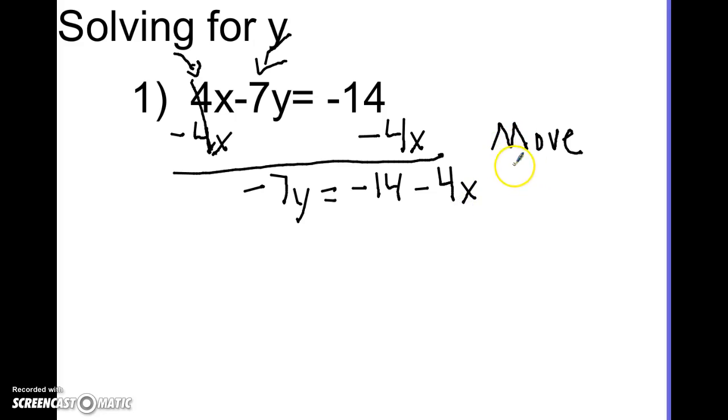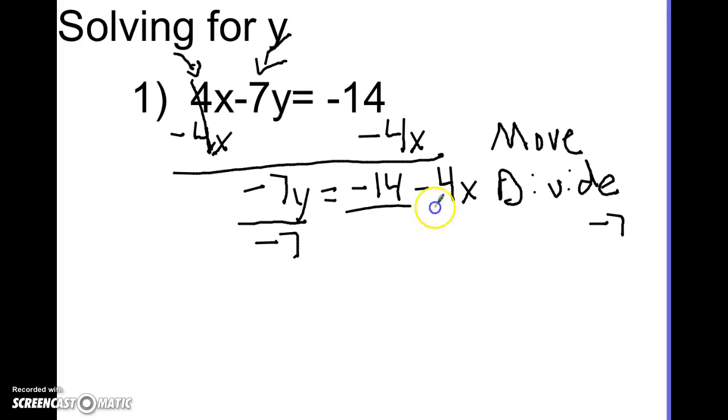The next step we talked about doing in class was dividing. And in this step, we're going to be dividing by negative 7 because we have to get rid of that negative 7. So we divide by negative 7 on the left and negative 7 on the right.